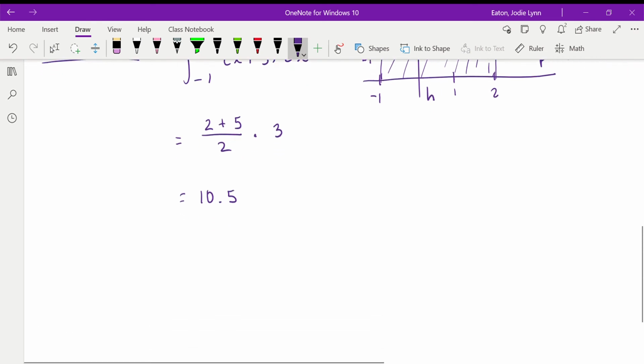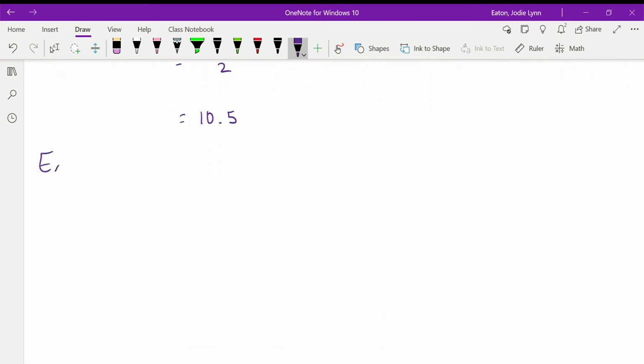Okay, so for example 3, if you've had a chance to look at some conic sections, that's great. Most of you haven't, so we're going to have to look at what the equation of a circle looks like.